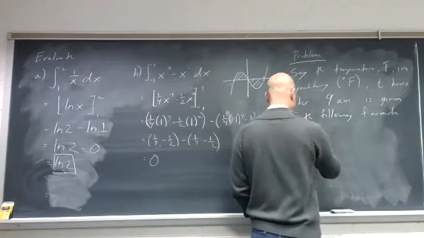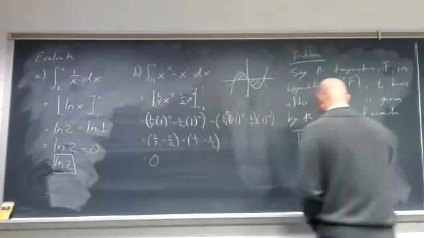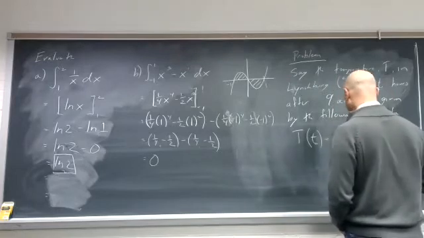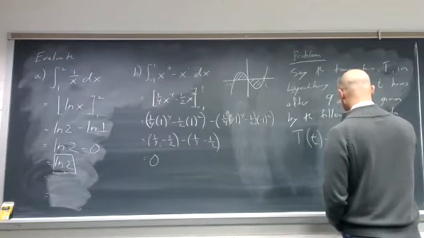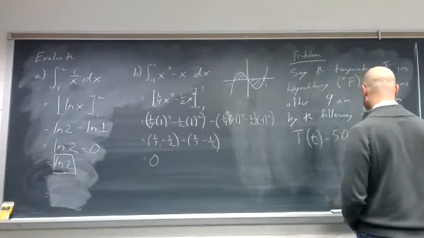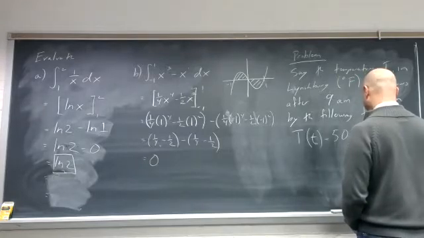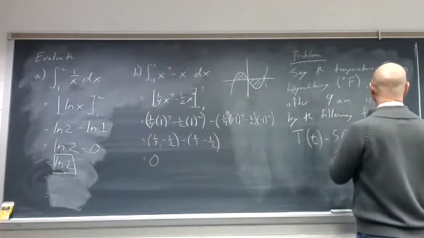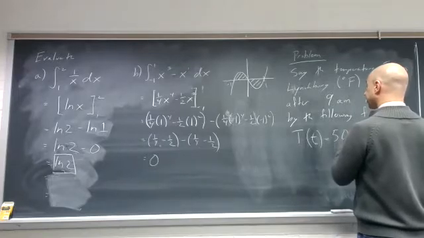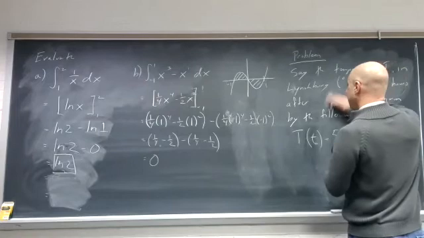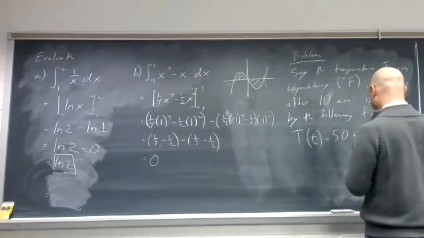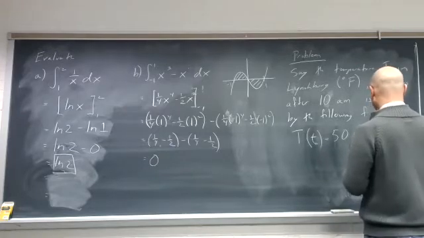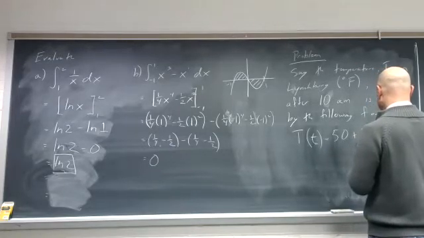Capital T, the temperature at time little t, equals, let's be optimistic, 50 plus, actually, let's say after 10 a.m., 50 plus 5 t squared.